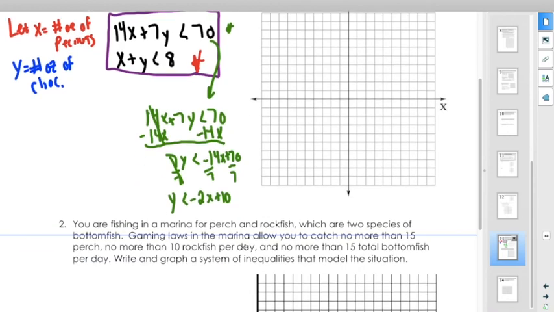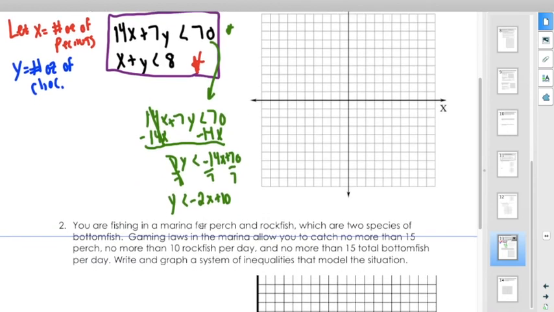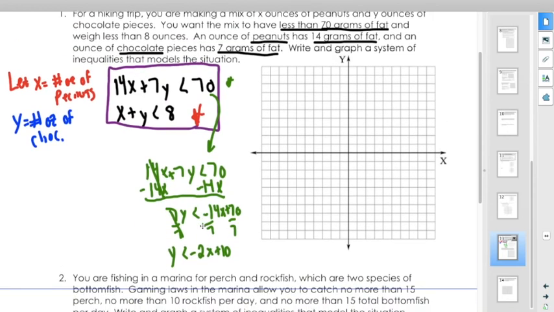Now try and think back to what we did on day 7. I still need to use my test point here. I wish I had more room here, but you guys can write smaller. A test point of (0, 0), where this is x, this is y. If I substitute in 0 for y, 0 for x, I'm going to get 0.